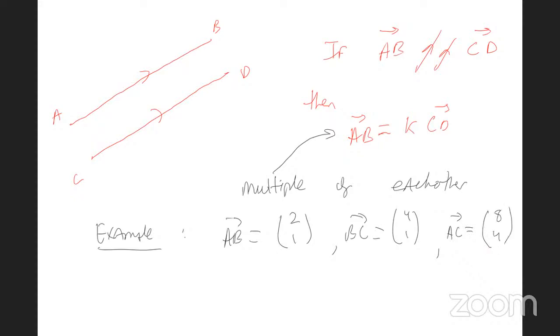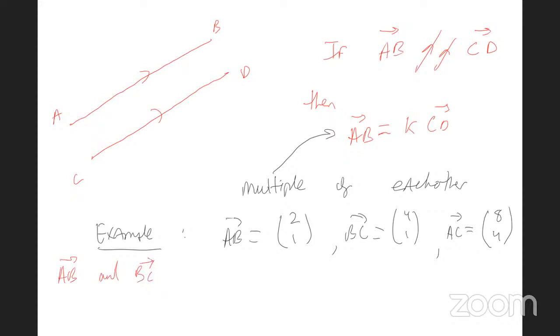Let's see if we can figure out which vectors are parallel. All you're really looking for is which vectors you can multiply by a value to get the next one. So let's check AB and BC. Let's check both of them.